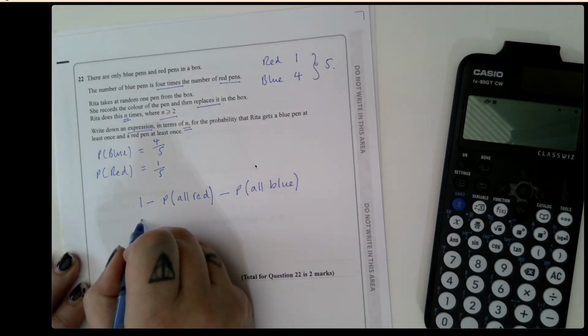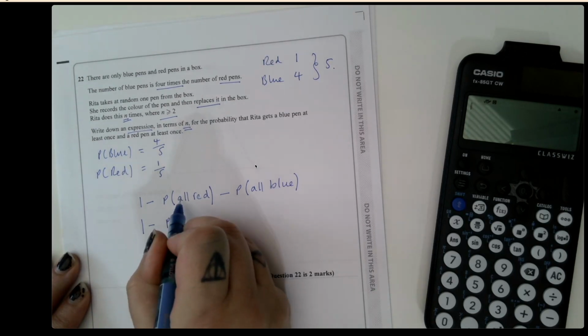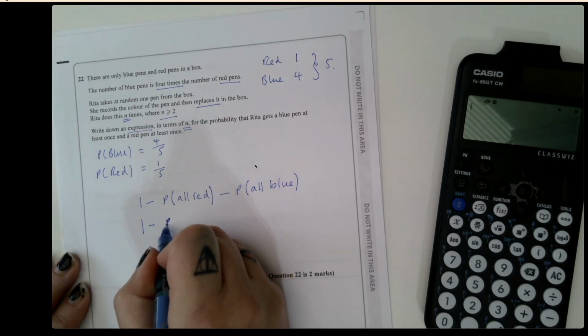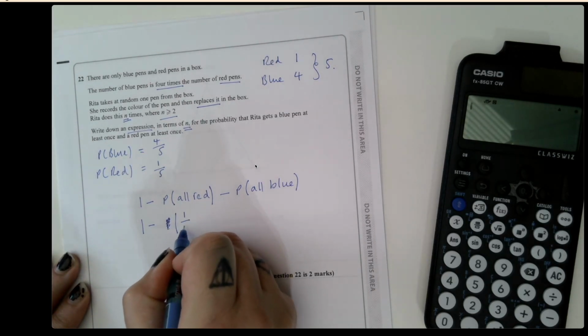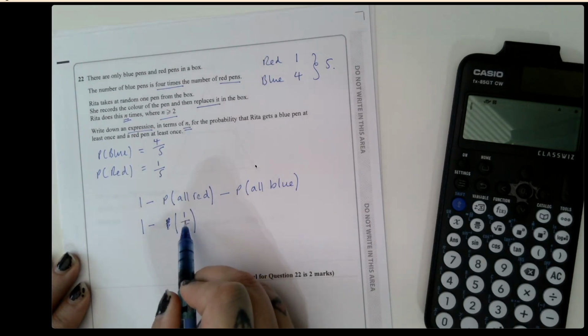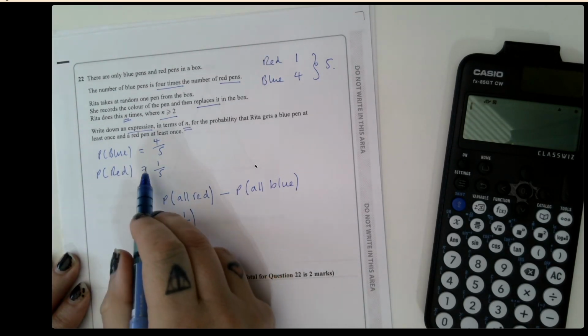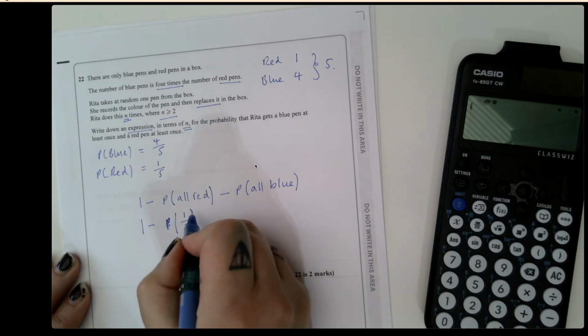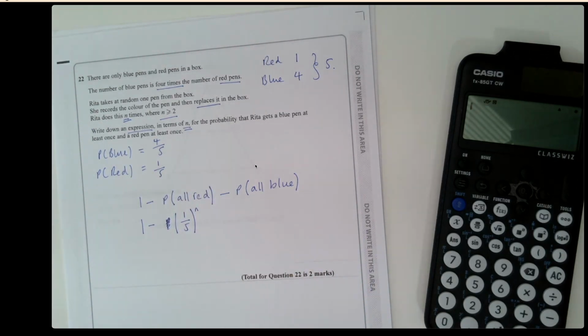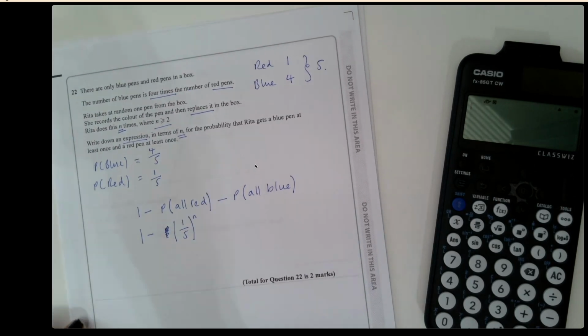Okay, so the probability of picking red is 1 out of 5. And we would multiply that however many times we did this experiment, which is n. So I'm just going to put it to the power of n, because it'd be 1/5 multiplied by 1/5 multiplied by 1/5, however many times she picked pens. We don't know how many there are in total.